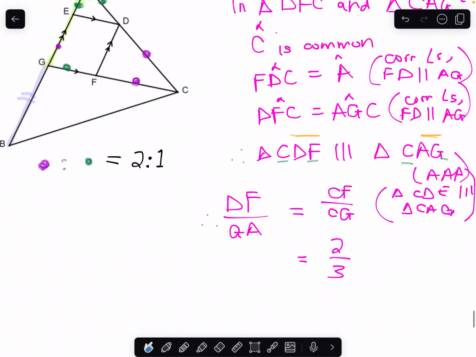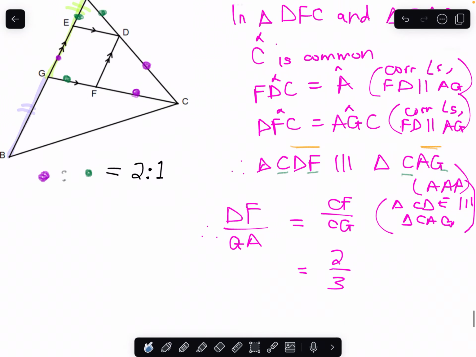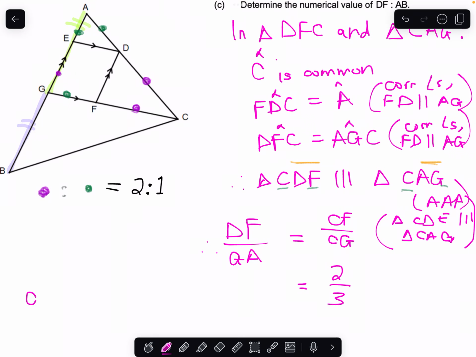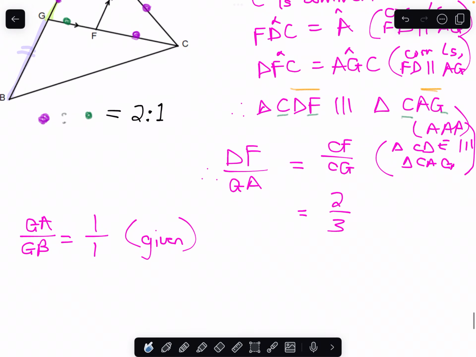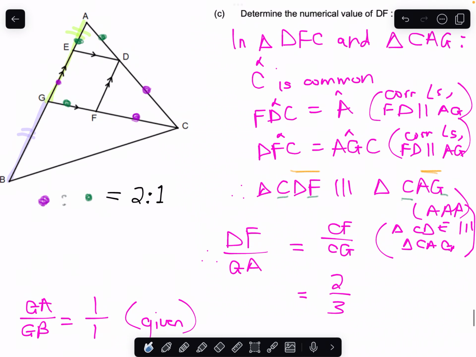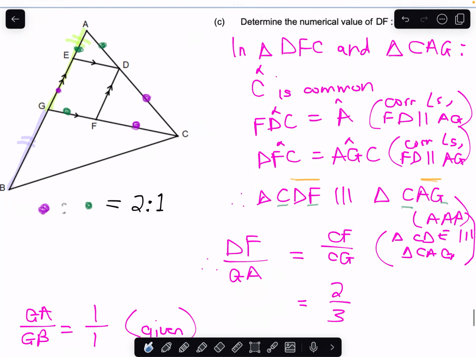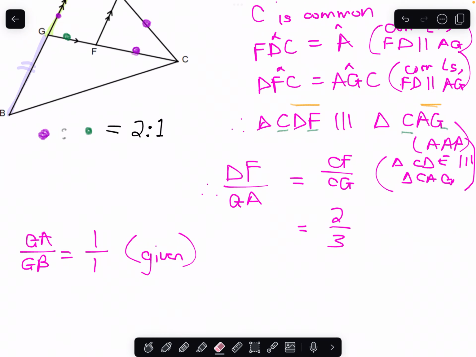Then we also know that the ratio of GA to GB is equal to 1 to 1. We were given that they are equal. What we are interested in is, no, actually I don't care about GB.